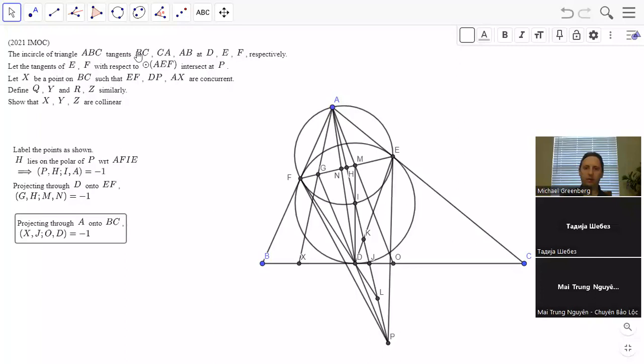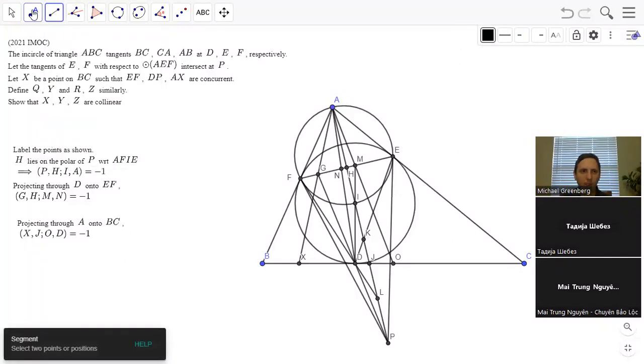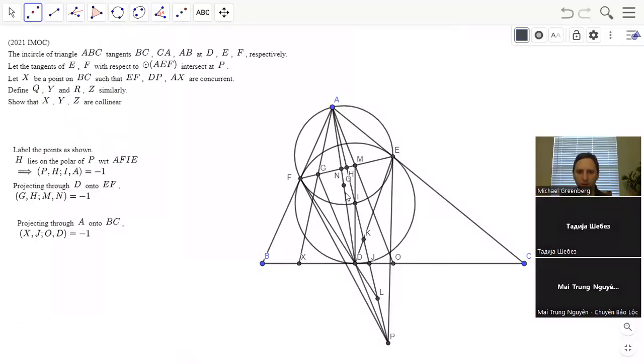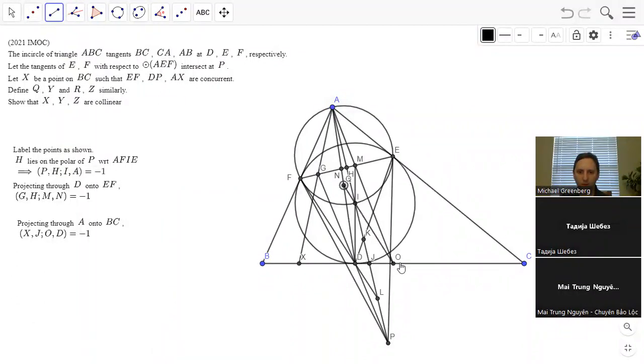By the IM lemma, that would be just the midpoint of AD. So by the harmonic bundle, X, Q, and M are collinear. So basically X lies on the median from M of triangle AMD.